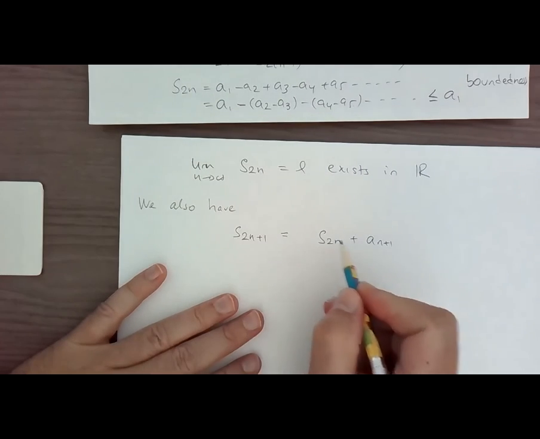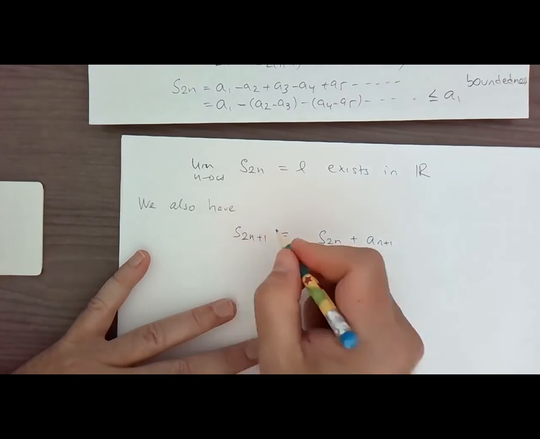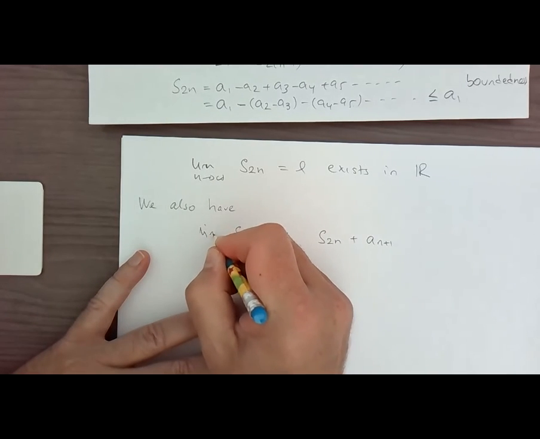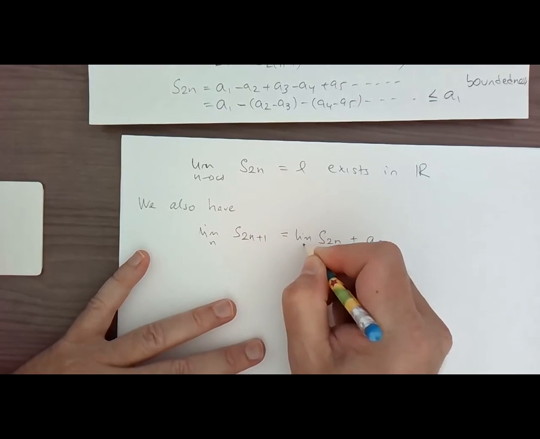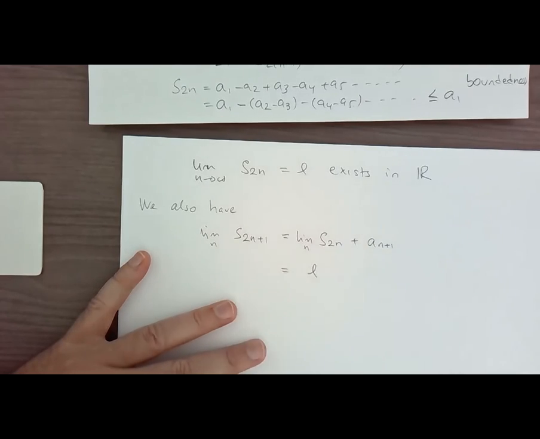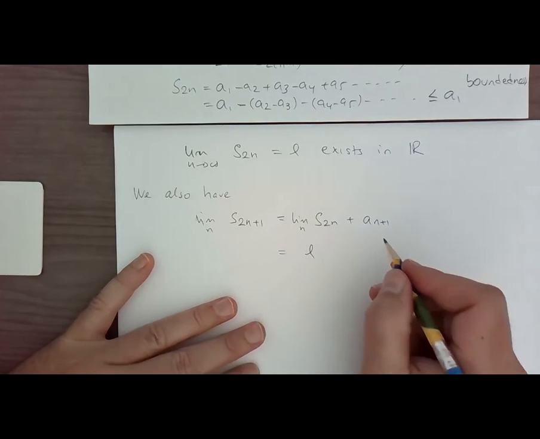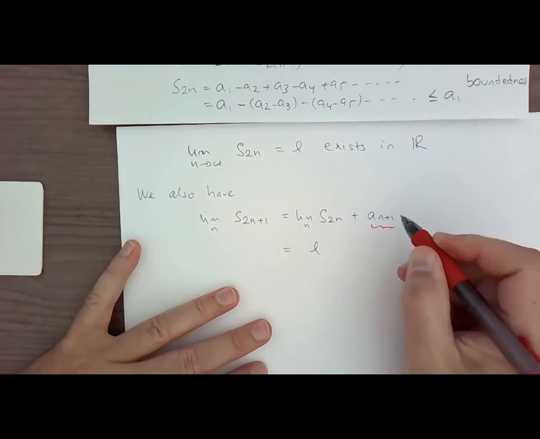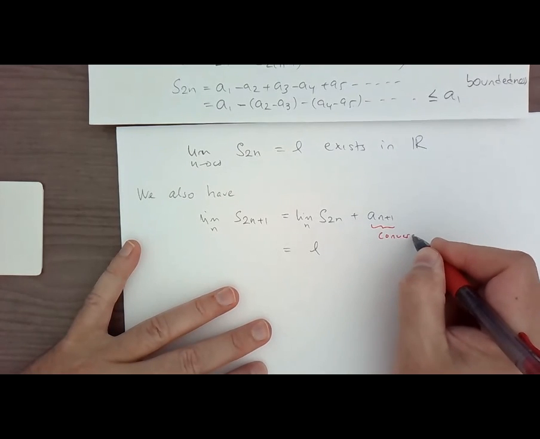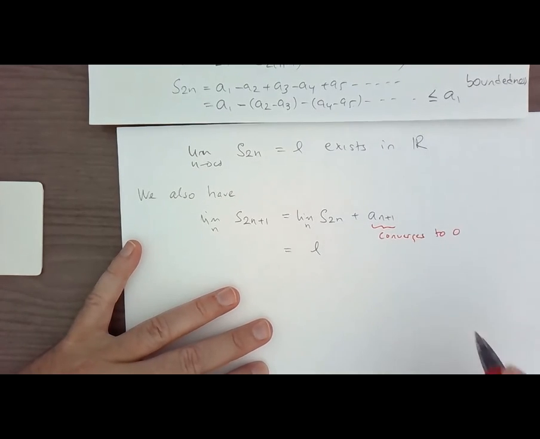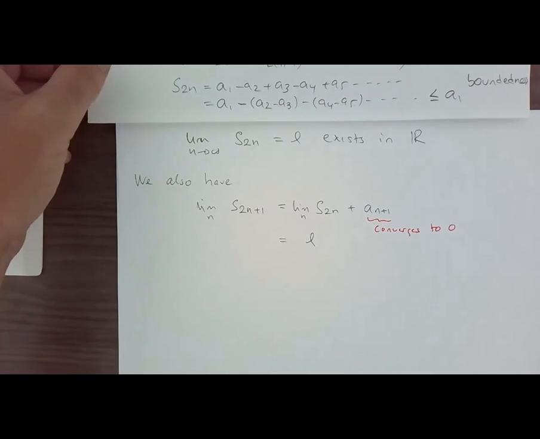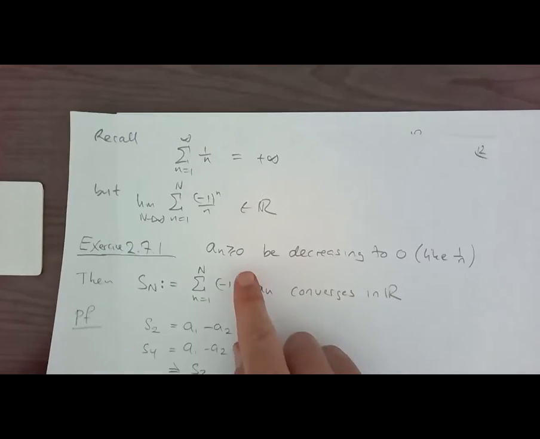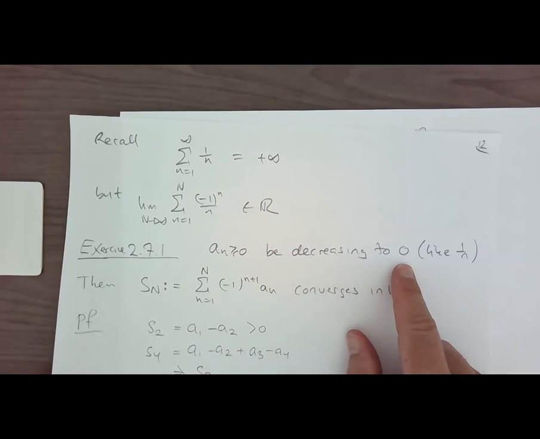This has a limit, and this one has limit 0. So therefore the limit on the left exists. This here would be L, because this thing here converges to 0. This was one of the assumptions that we had: the a_n converge to 0.